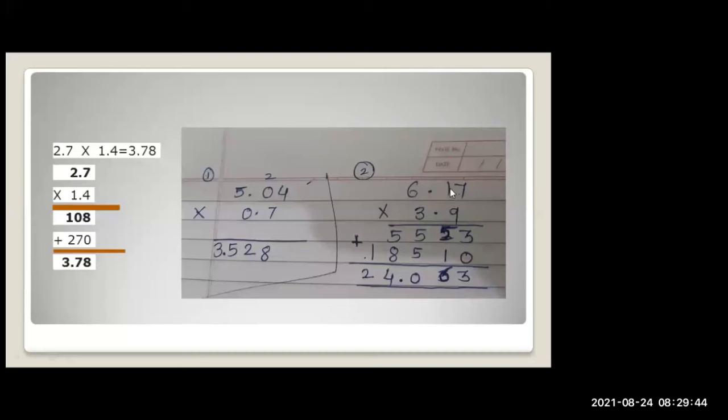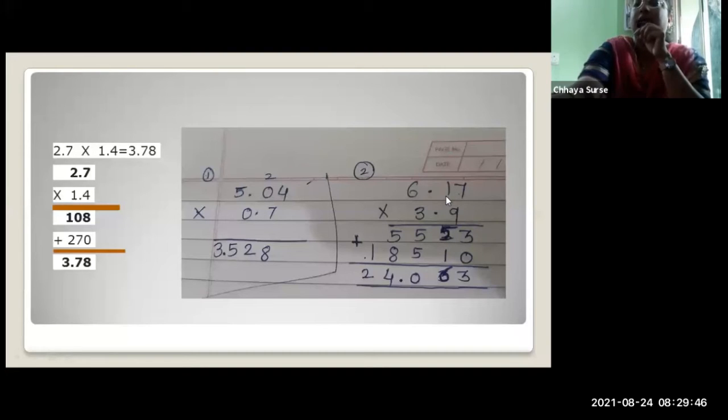9 ones are 9, and plus 6, because 6 was carried here. 9 plus 6 is 15.